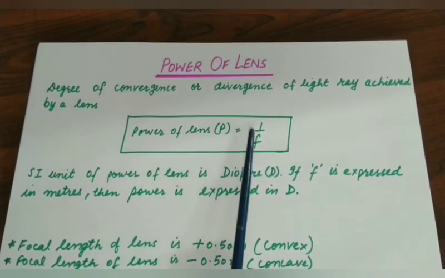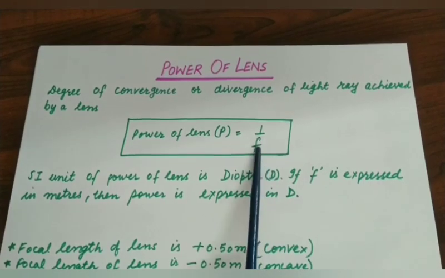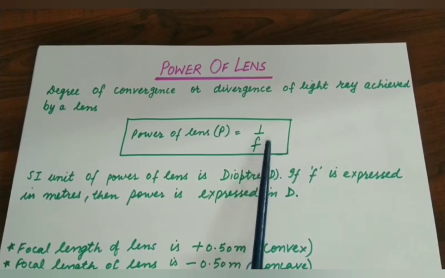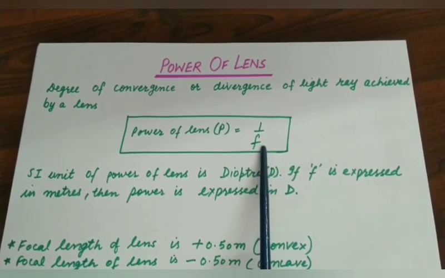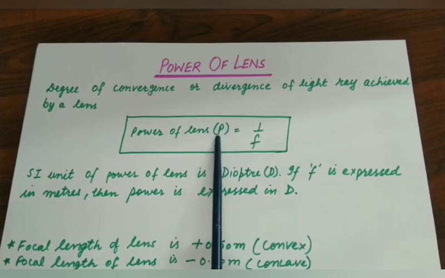Power of the lens is also the reciprocal of the focal length. We can write it as P is equal to 1 by F. If the lens used is a convex lens, the focal length of the convex lens is positive, so the power will be expressed in positive value.